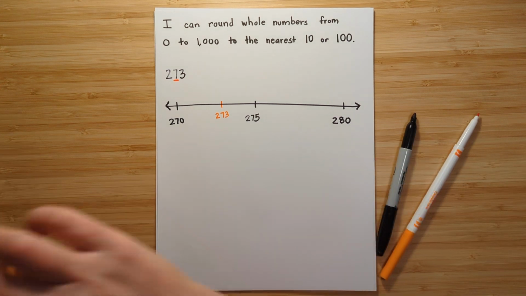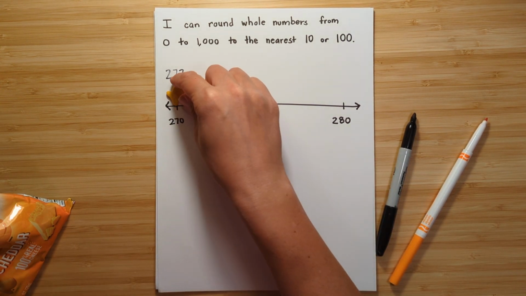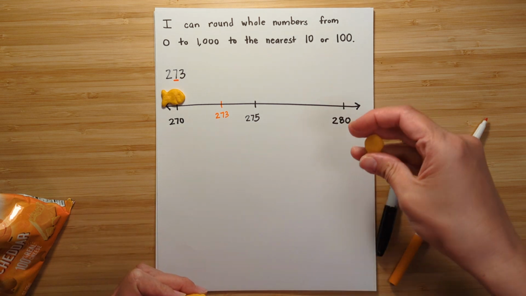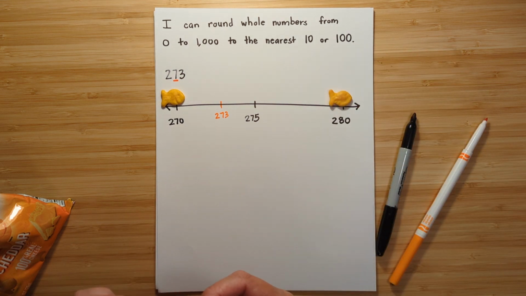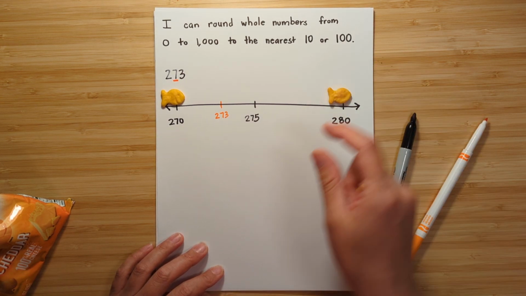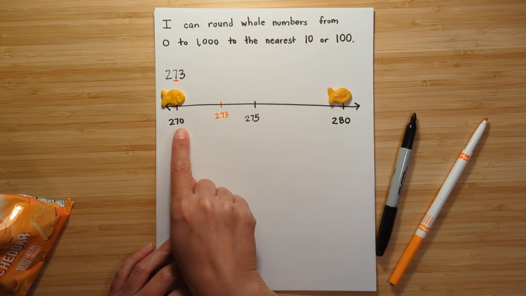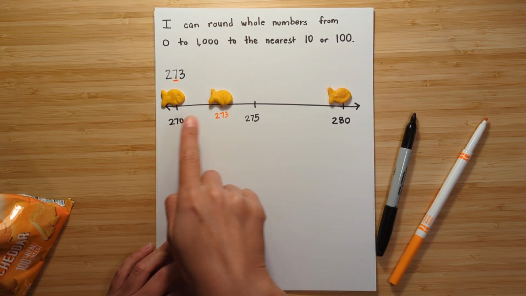We're going to look at 273 and see, is it closer to 270 or is it closer to 280? Okay, so is this fish closer to this fish or this fish?